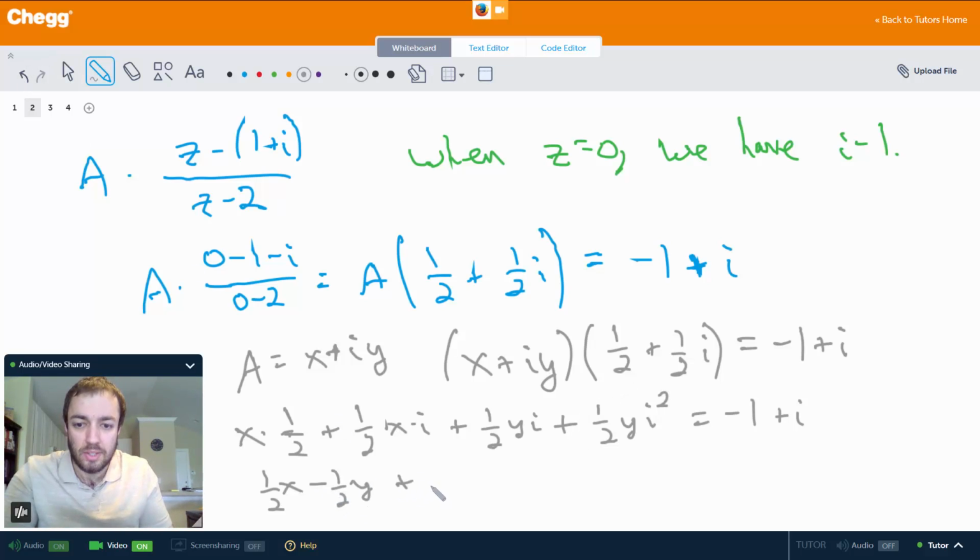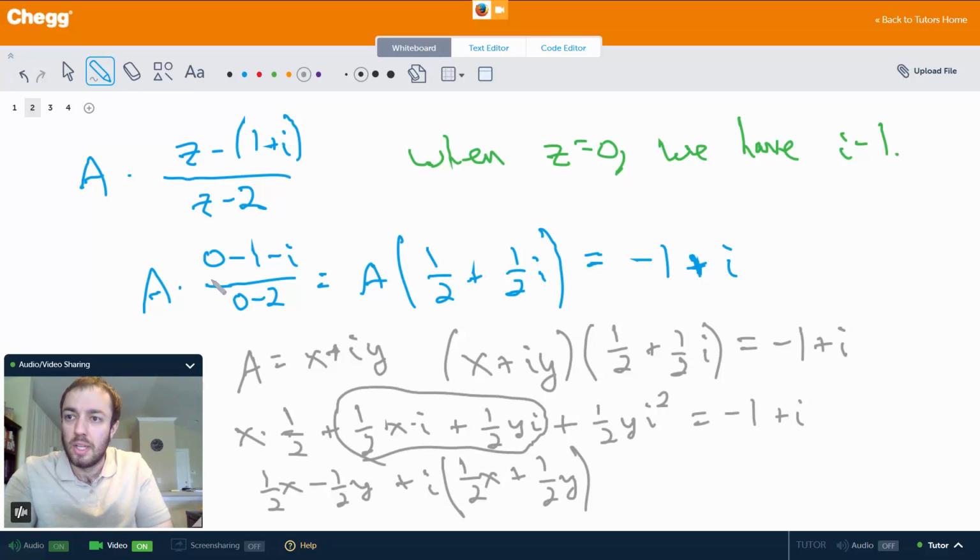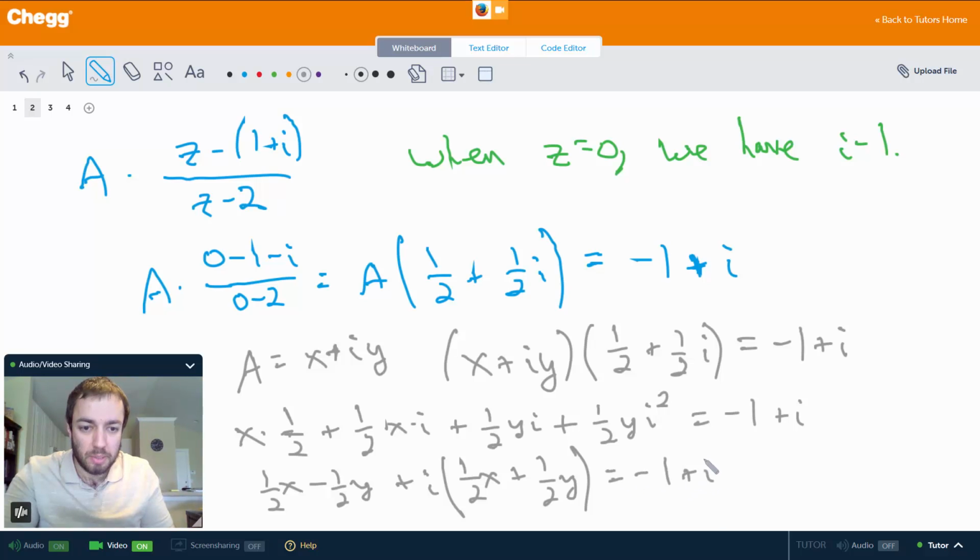And then we have plus i times (1/2 x plus 1/2 y). Okay, so what I just wrote here came from this part right here. That's our imaginary part with the i over there. Okay, and remember that this equals -1 plus i. So now we can equate the real and imaginary parts to solve for x and y, and then once we find x and y, we'll have a.